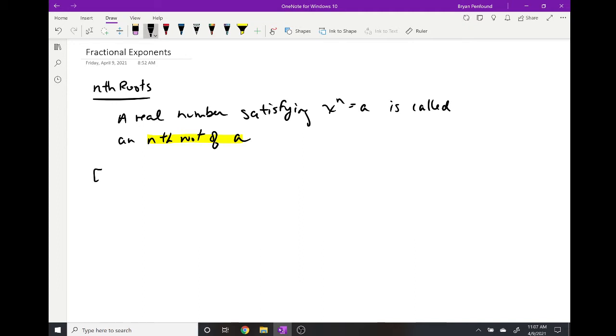And just a couple examples here just to help clarify this. So let's consider the expression 7 squared. We know that 7 squared is equal to 49. So 7 is going to be a square root of 49.